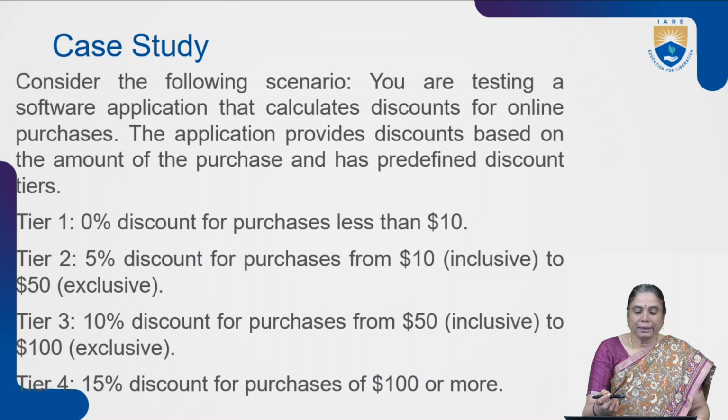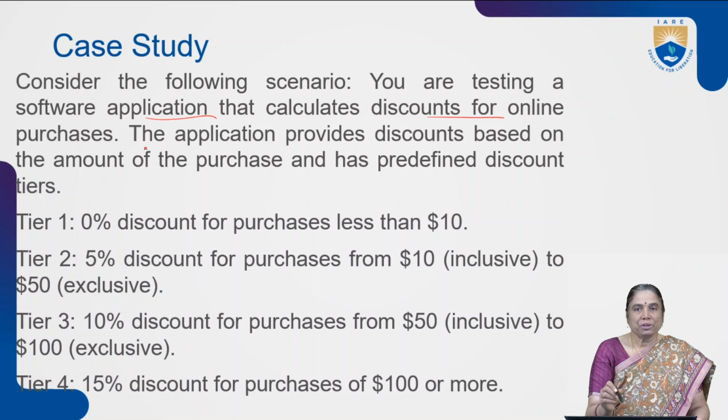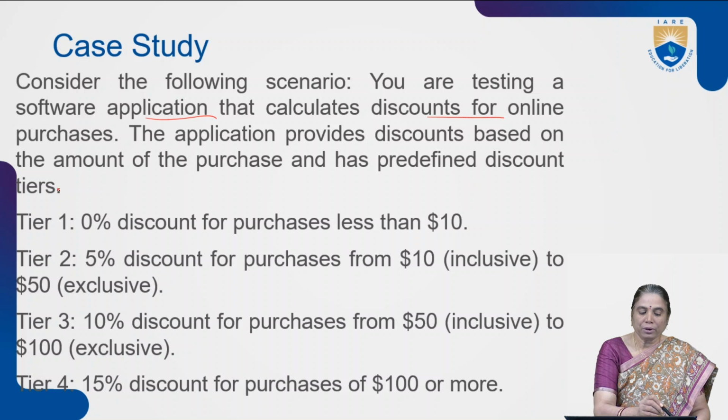By taking a scenario as an example, the boundary value analysis testing technique can be analyzed. Here we are testing a software application that calculates discounts for online purchases. The application provides discounts based on the amount of the purchase and has predefined discount tiers.